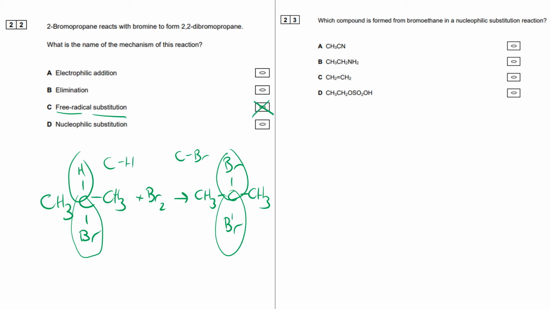Question 23. Which compound is formed when bromoethane reacts in a nucleophilic substitution reaction? So nucleophilic substitution occurs when your haloalkane reacts with potassium cyanide, sodium or potassium hydroxide, and excess ammonia.